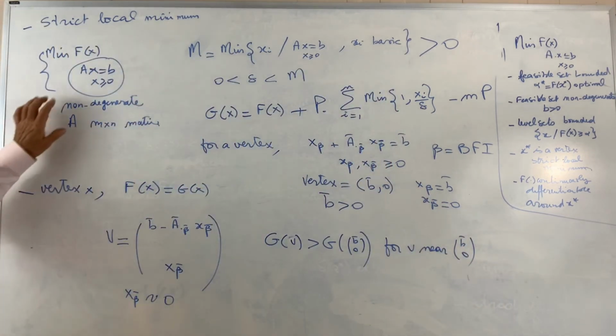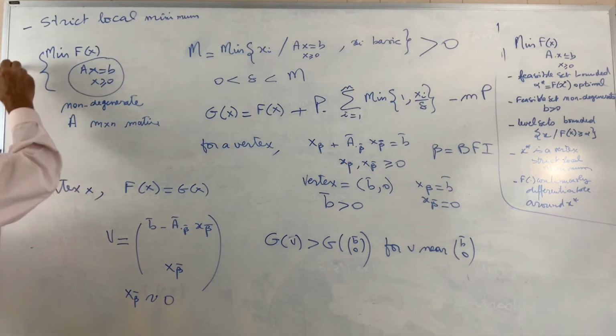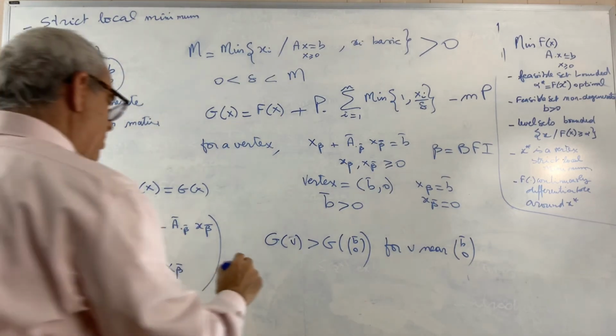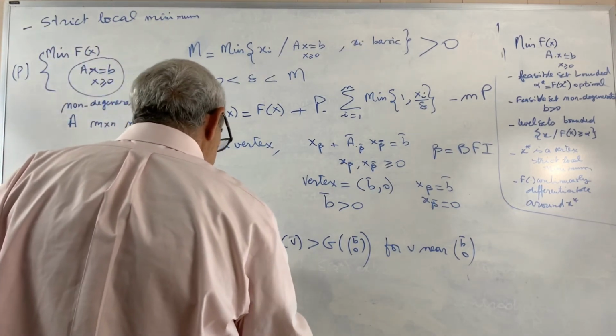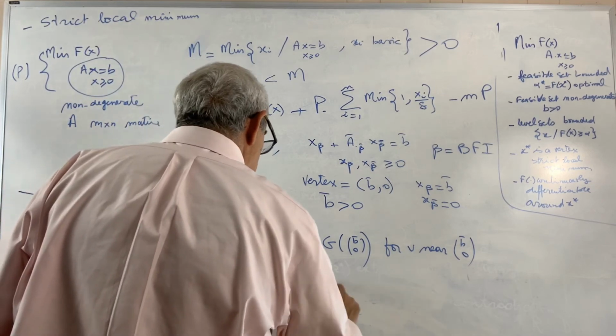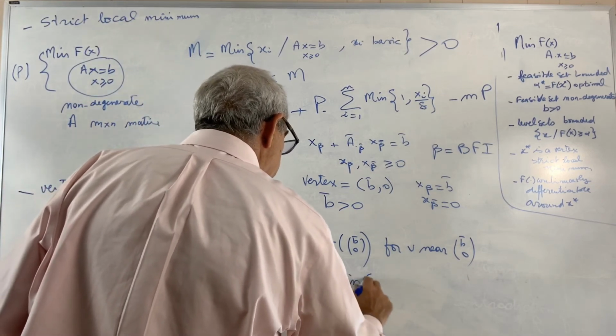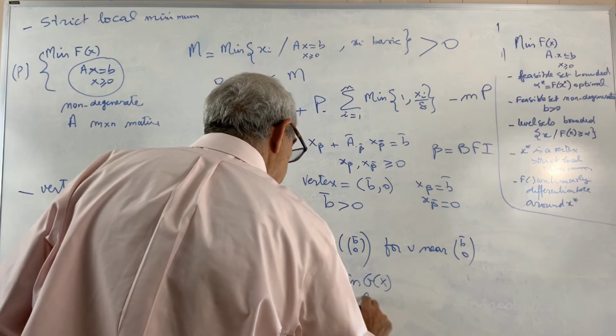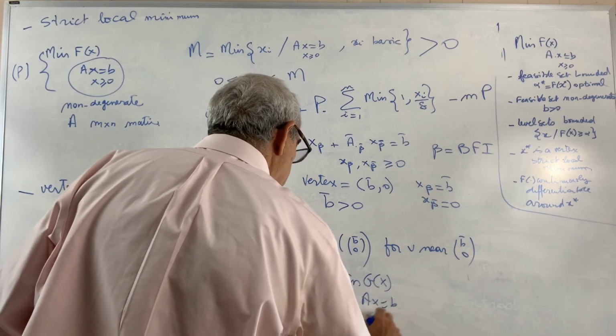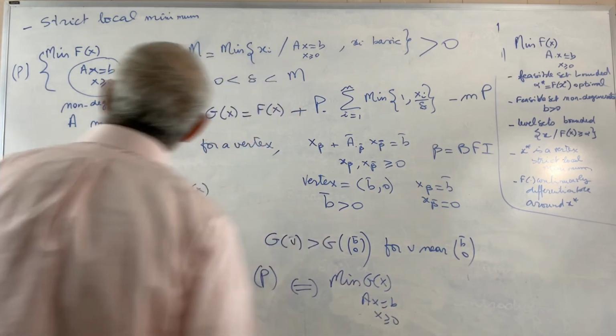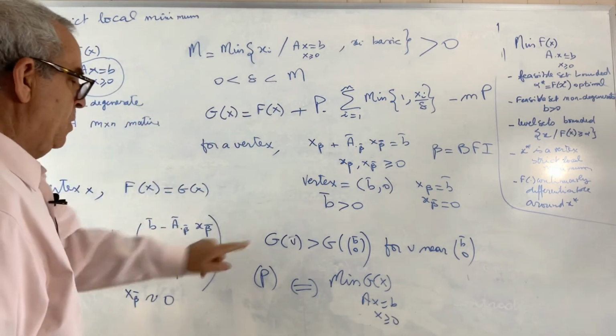So therefore, this problem here, I call this P, is equivalent to minimizing g of x subject to ax less or equal to b, x greater or equal to 0. So minimizing f or g will be the same thing.